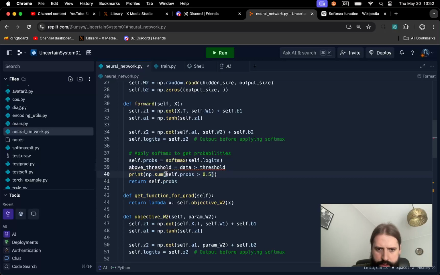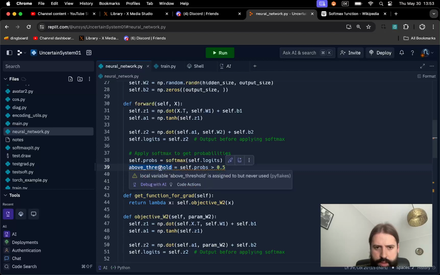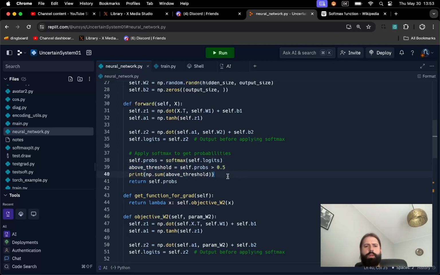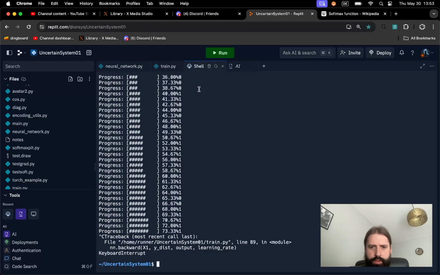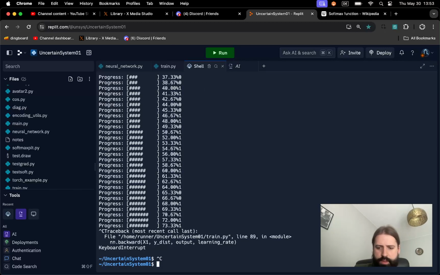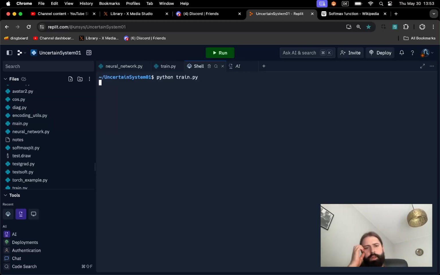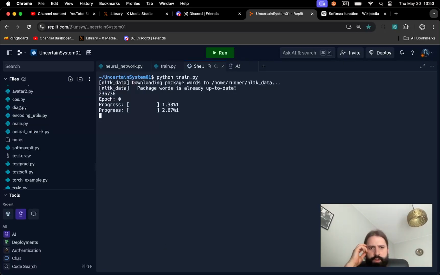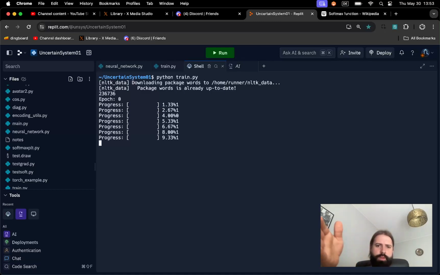Above threshold. So is this correct? Let's see. I think that it's doing the correct thing. I just want to make sure. Sometimes the way that you're passing things to functions like print, I just don't tend to believe that much. But yeah, 1101. That's weird.